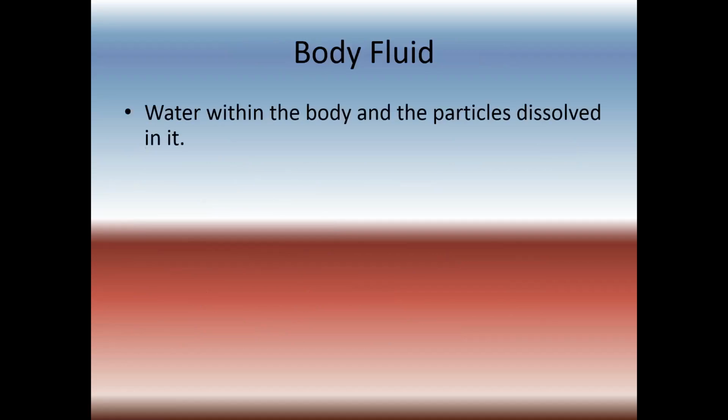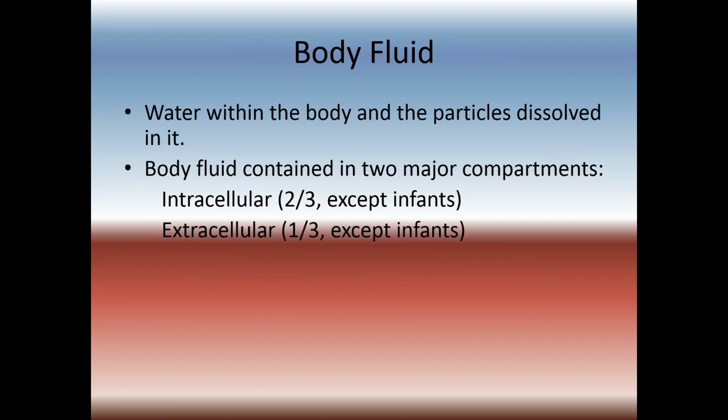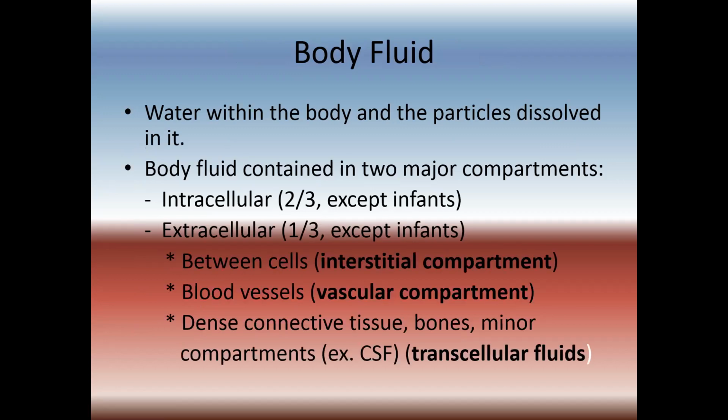So what are body fluids? It's the water within the body and the particles dissolved in it. And we have two major compartments where our body fluid is contained. Inside of our cells, 2/3 of all of our body fluid is inside of our cells if you're an adult. And about 1/3 of all of our body fluid is outside of our cells. The extracellular compartment, outside of the cells, actually has 3 compartments within it.